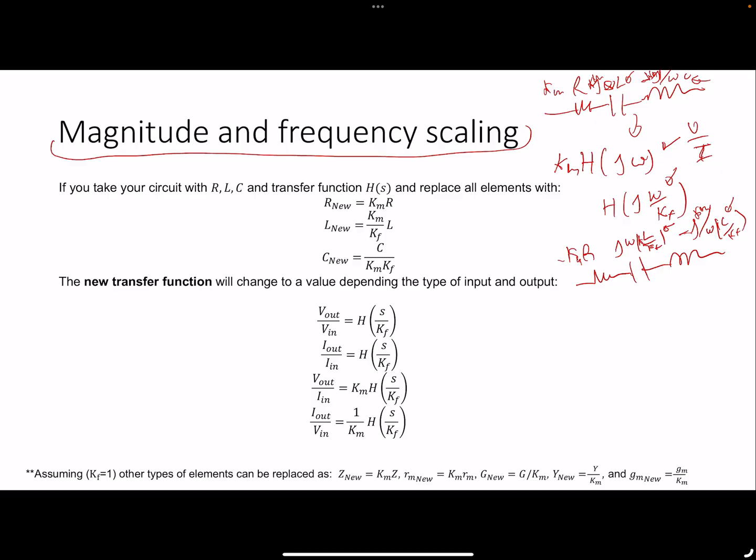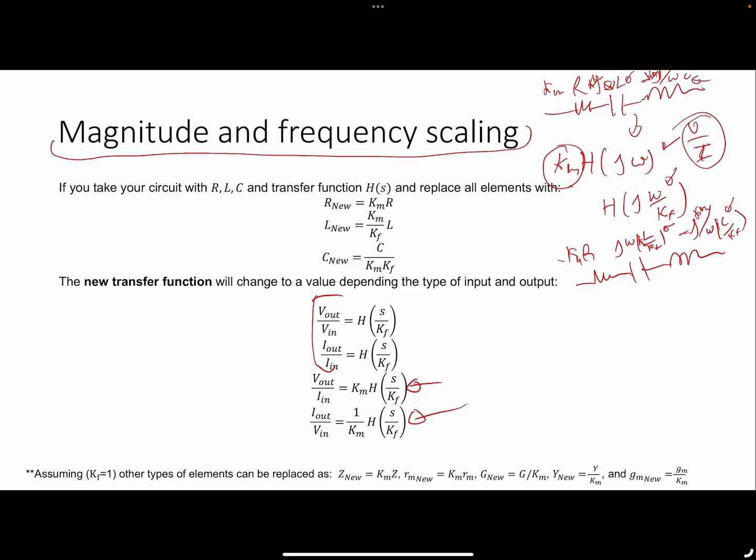Now my transfer function, if it's volts per current, will be rescaled by a factor Km. If it's current per volts, it gets rescaled by a factor 1 over Km. And if it's unitless, nothing will happen to my transfer function. That's what we called magnitude and frequency scaling.